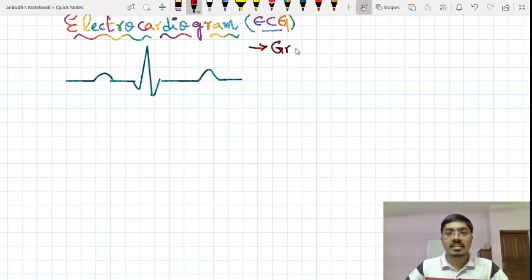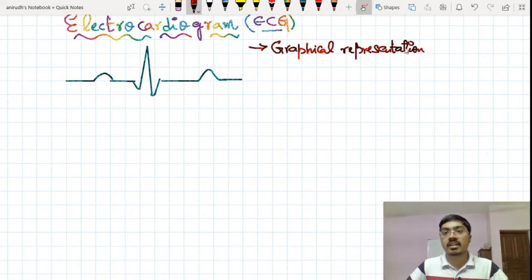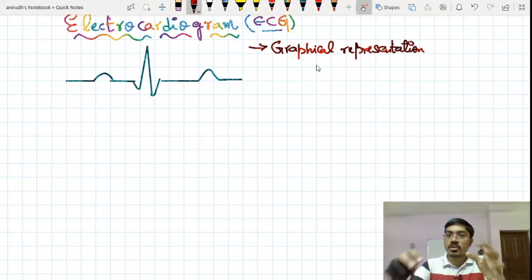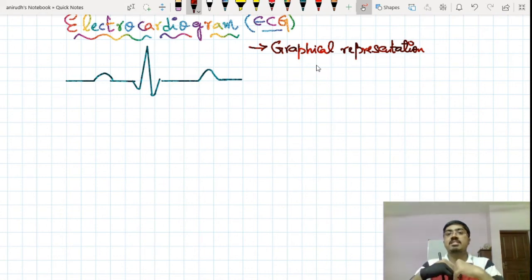It is a graphical representation. So you are getting a graph. You connect to the patient, you switch on the machine, and it will show what is actually happening in the heart. In the heart you have an electrical activity, you also have a mechanical activity, isn't it?